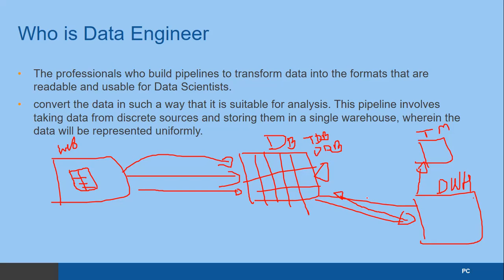Now when data warehousing started evolving, the construction of the data warehouse was required. That's where the data warehouse developer came into the picture. Earlier there was only the database developer, and now there is an ETL developer who gets the data and loads it into the DWH.